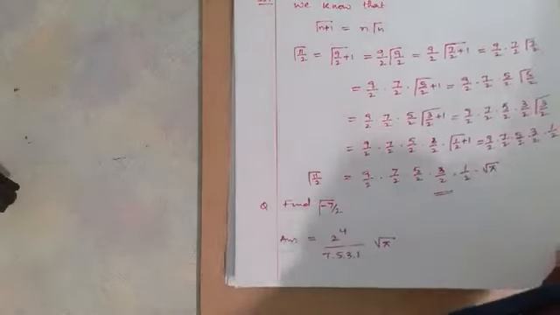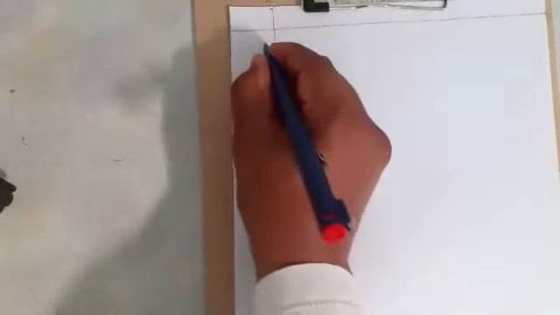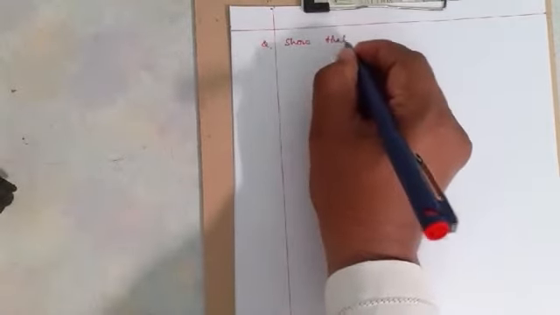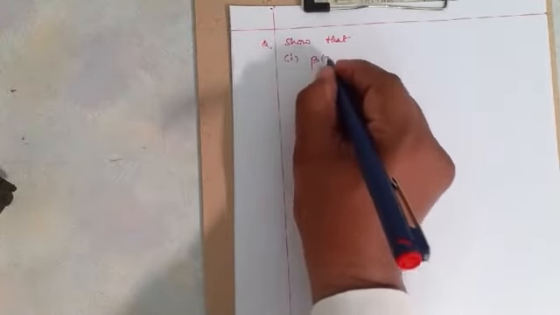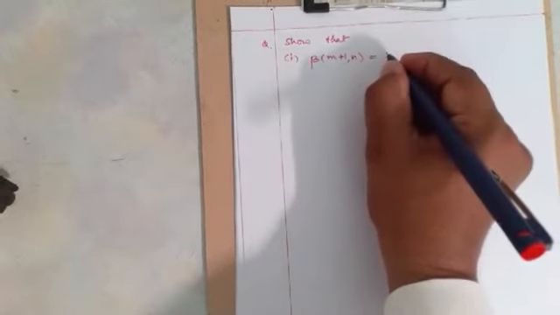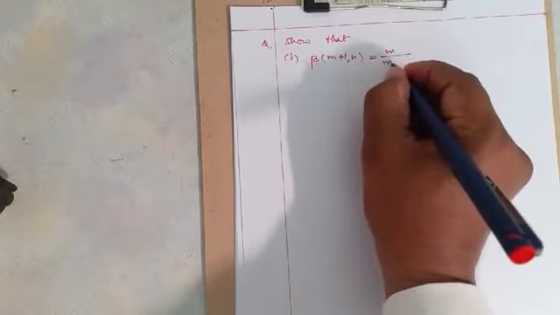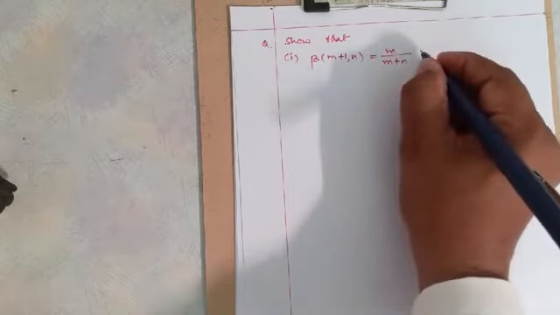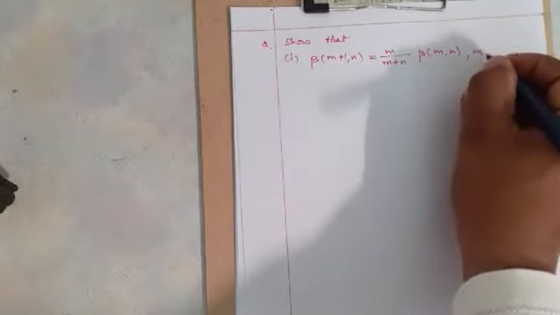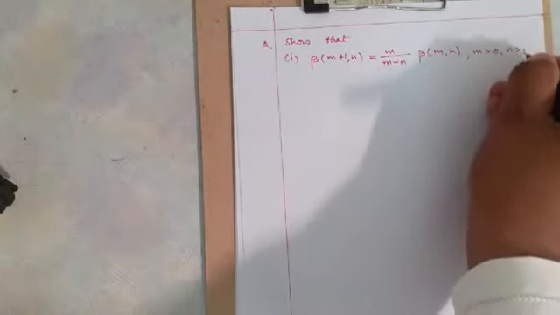Now we'll go for the next. The next question is: show that, number 1, beta m plus 1 comma n is equal to m upon m plus n into beta m comma n, m greater than 0, n greater than 0.